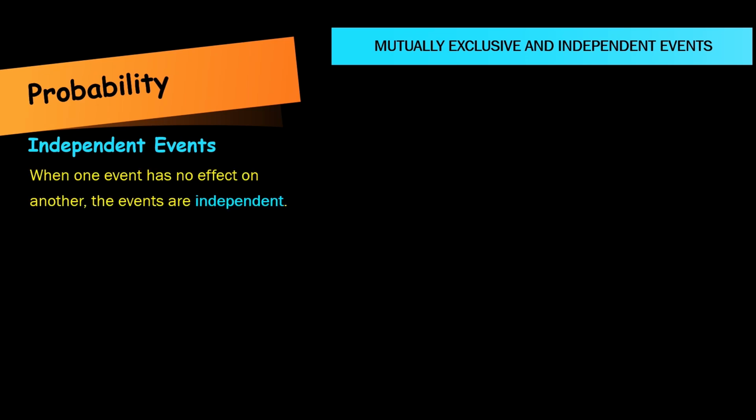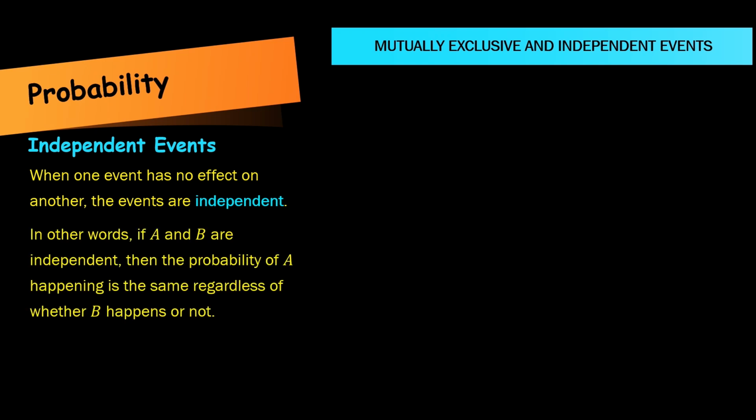Now let's take a look at some more theory. We're now going to take a look at independent events. When one event has no effect on another, the events are independent. In other words, if A and B are independent, then the probability of A happening is the same regardless of whether B happens or not.